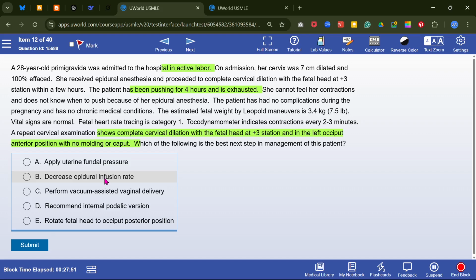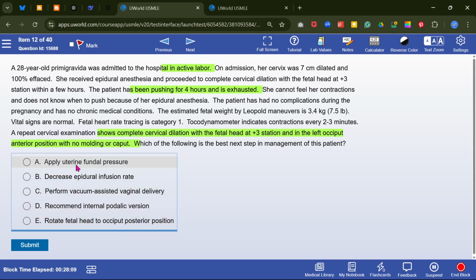Is this arrest, second stage of arrest? Because 4 or more hours in primary and 3 or more hours, so second stage of arrest.